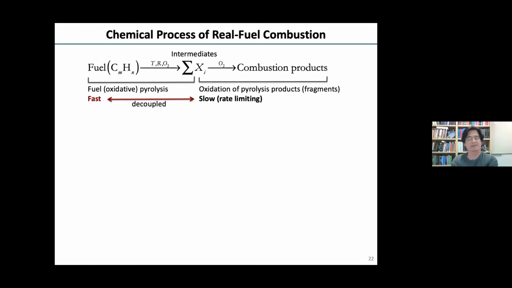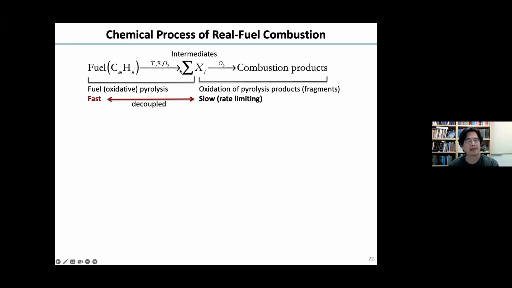So to summarize everything that I said, what are we seeing here? All the evidence, thermodynamic, chemical kinetic, statistical, and so on, all indicates that if I have a large hydrocarbon fuel, whether it's a single component or multi-component real fuel, I call this fuel generically C_m H_n, under certain temperature, radical presence, and molecular oxygen presence.